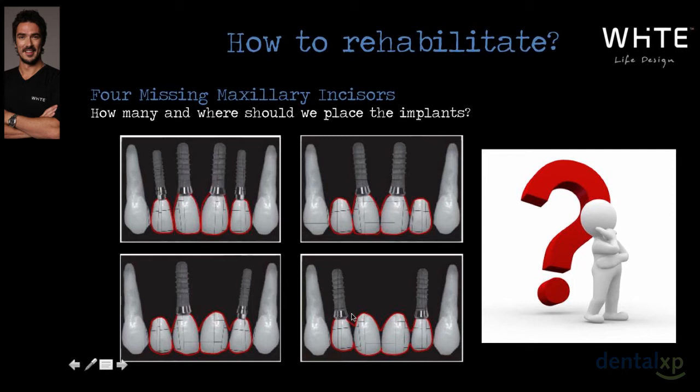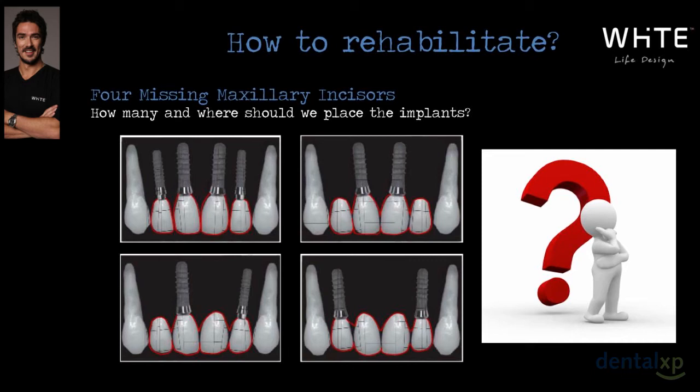You can all make different choices, and probably the top left on your screen, having 4 different implants, individual teeth. A lot of patients say, I want to have individual teeth. But if that patient doesn't have enough bone to allow for a good 3 millimeters in between the implants, you won't have a good overall aesthetic outcome.